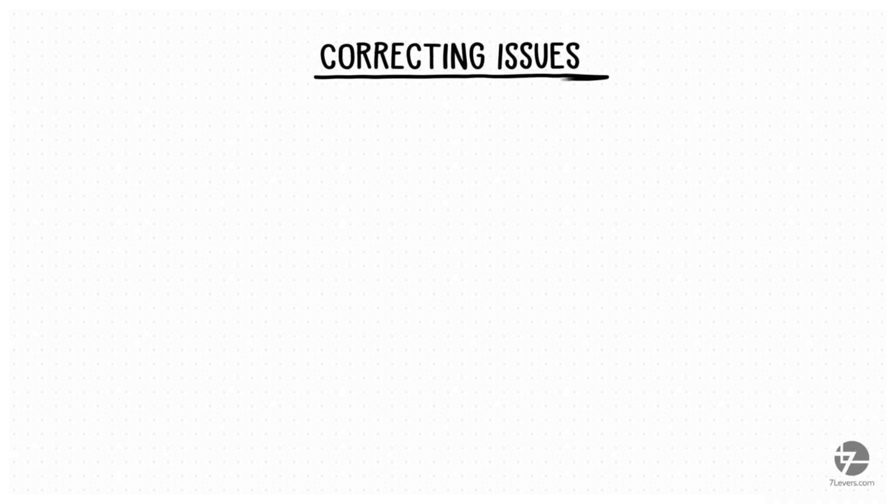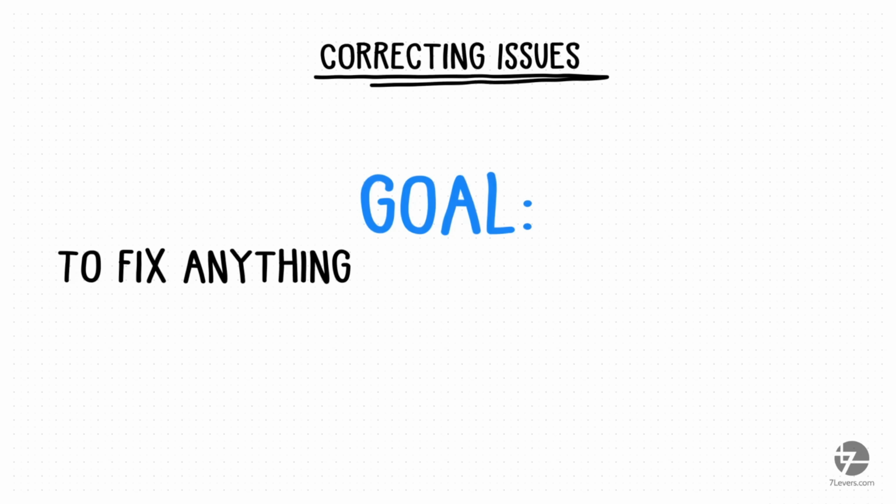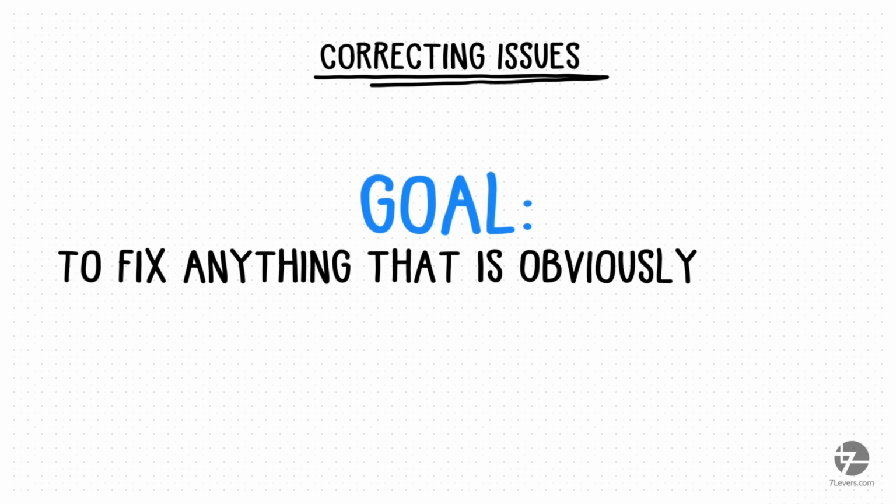In this module, we're going to look at correcting any issues you discovered in the previous phases of the profit foundations. The goal here is to fix anything that is obviously broken.